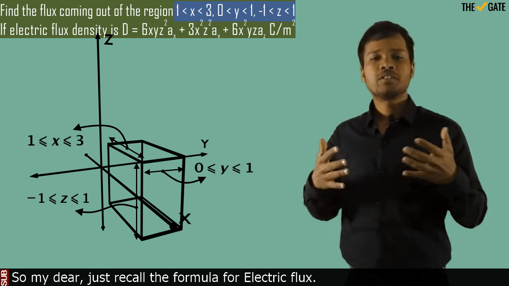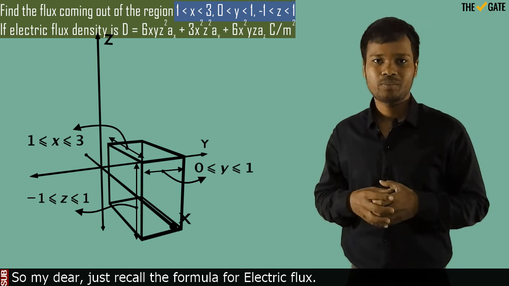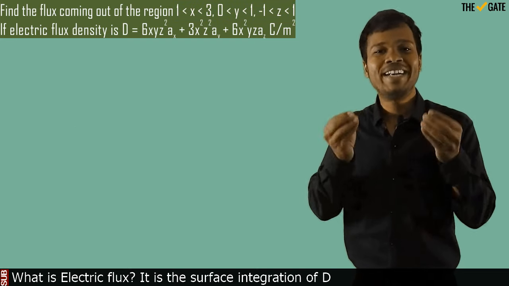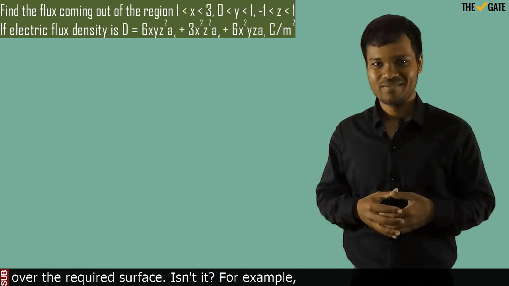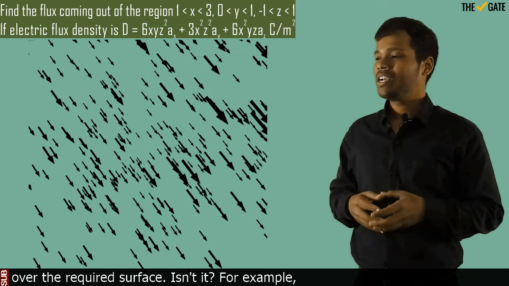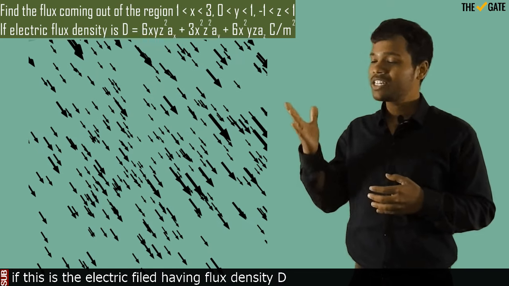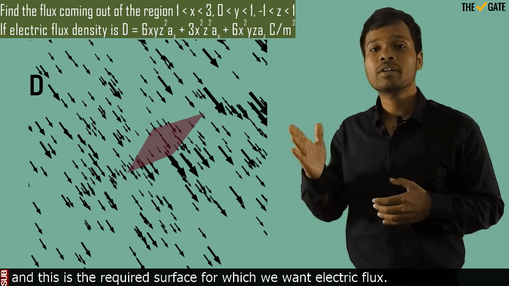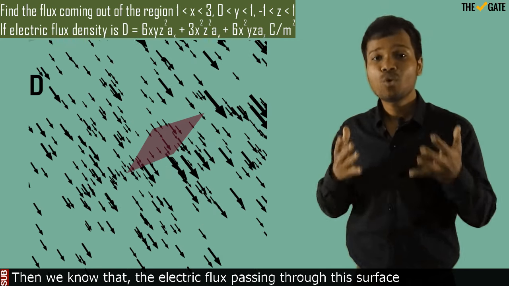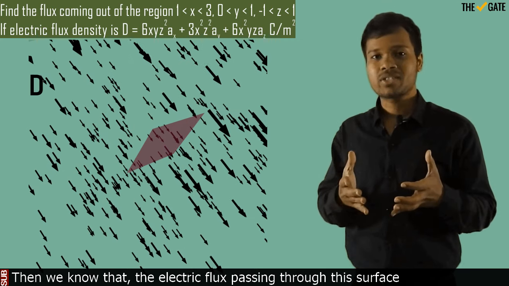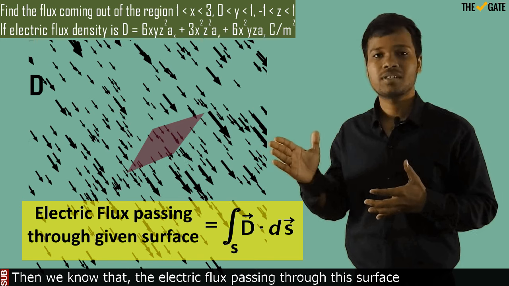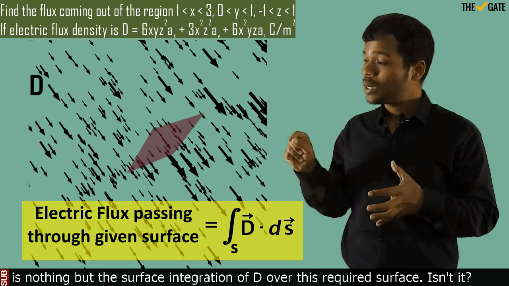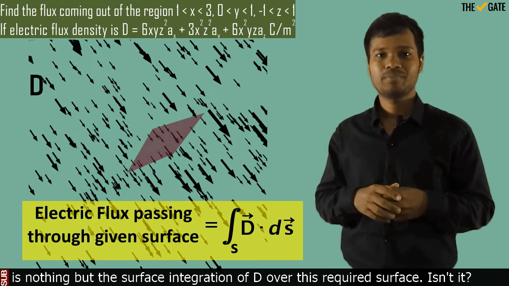So my dear, just recall the formula for electric flux. What is electric flux? It is the surface integration of D over the required surface, isn't it? For example, if this is the electric field having flux density D and this is the required surface for which we want electric flux, then we know that the electric flux passing through this surface is nothing but the surface integration of D over this required surface, isn't it?